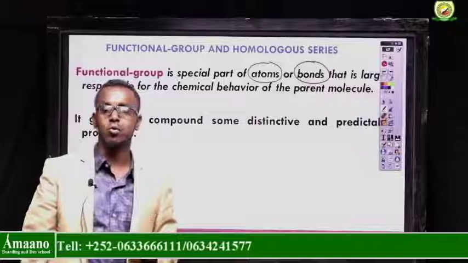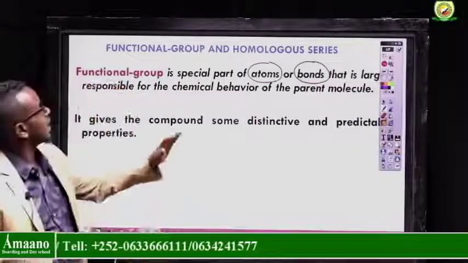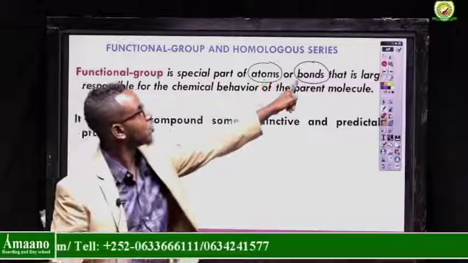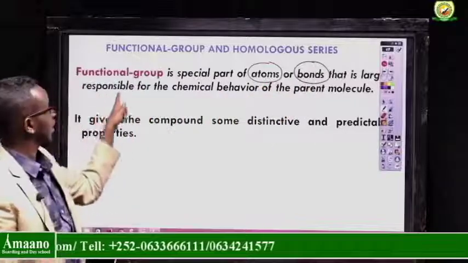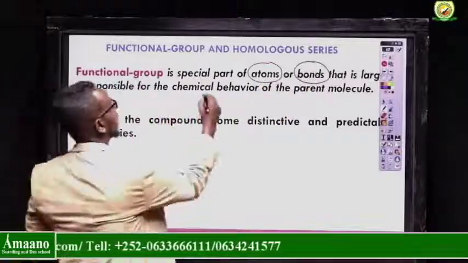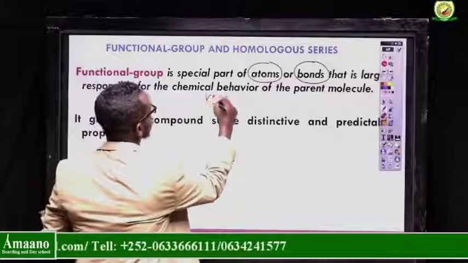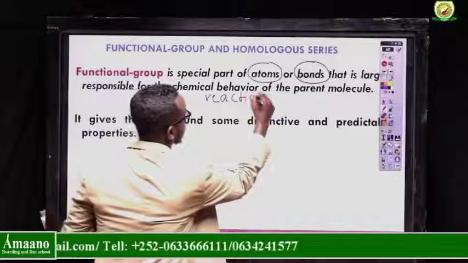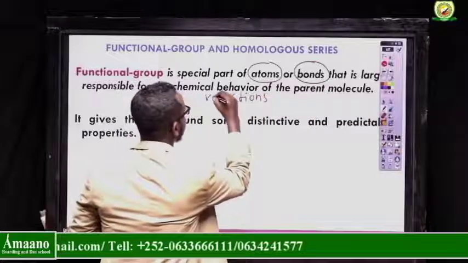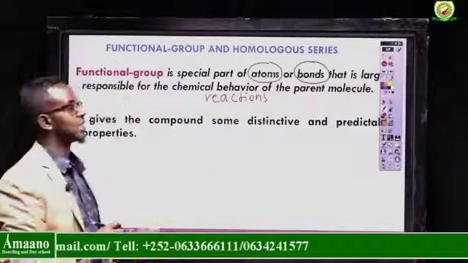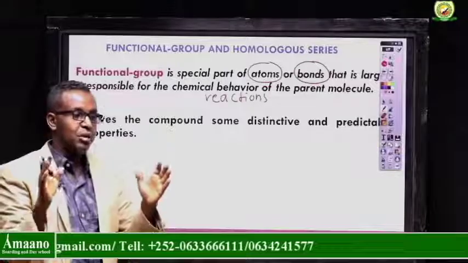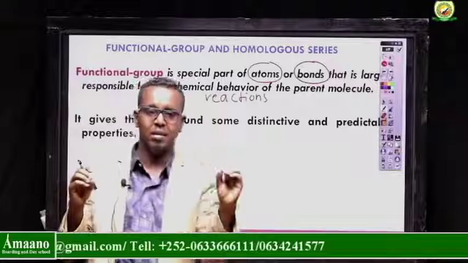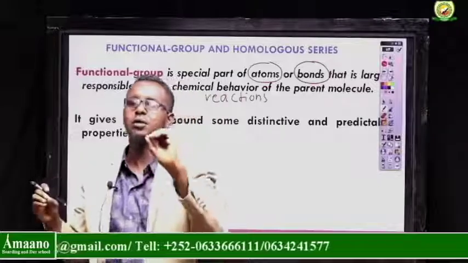So we can define it again: a group of atoms or bonds which is responsible for the chemical properties. When I say chemical properties, it means the reactions of the family. So chemical properties and reactions are the same. It's a special part of atoms or bonds which determine the chemical properties of that particular family.